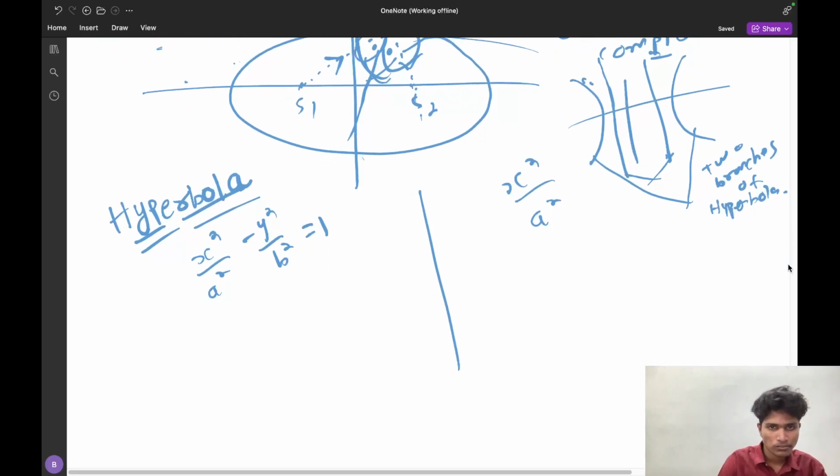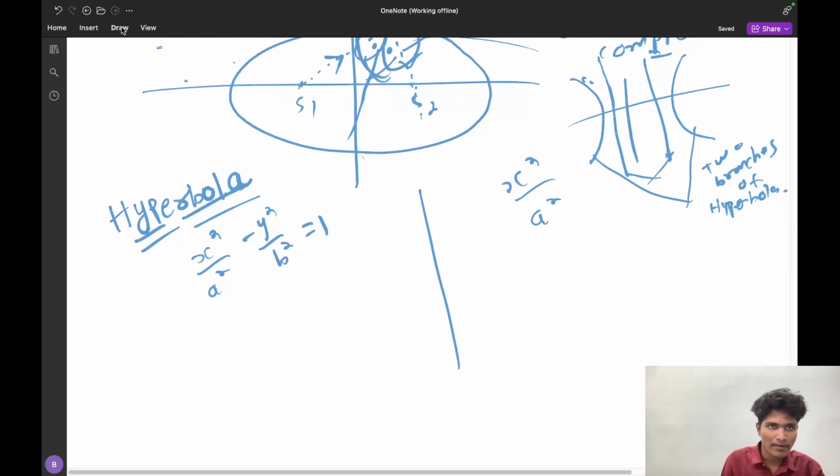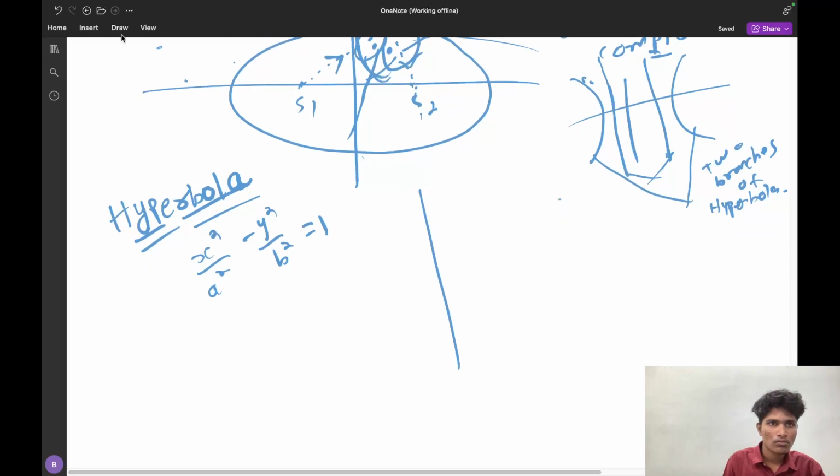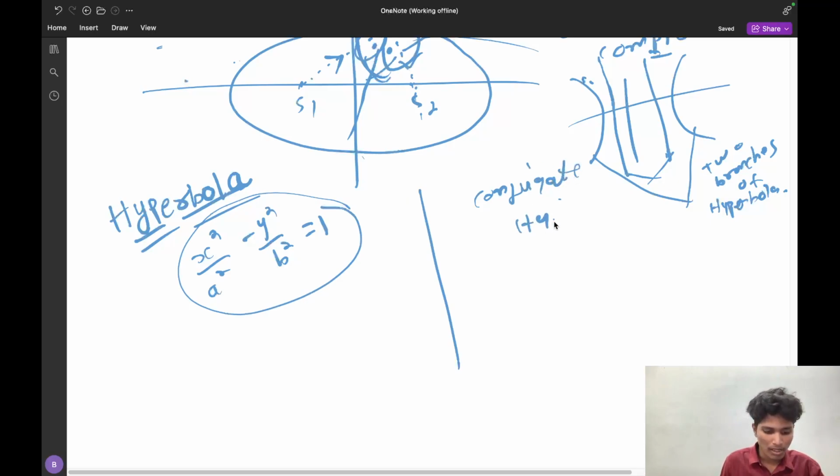Now I will write the equations of the 2. The first equation is x square by a square minus y square by b square equal to 1, and this is the normal hyperbola. Now this is the conjugate hyperbola. What is the difference?